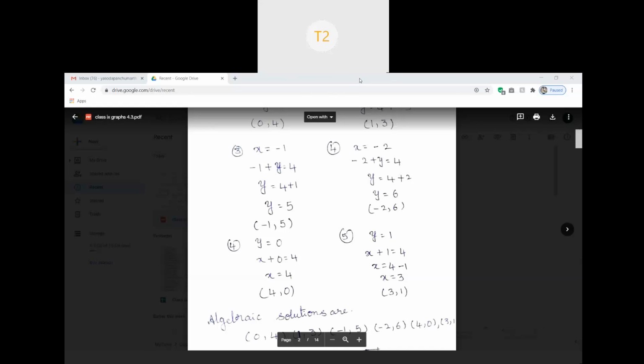From the choices given below, choose the equation whose graphs are given in figure 4.6. So first you look into figure 4.6.